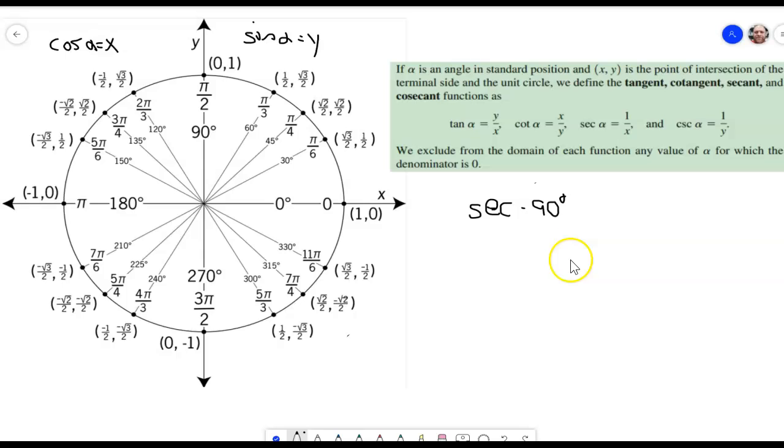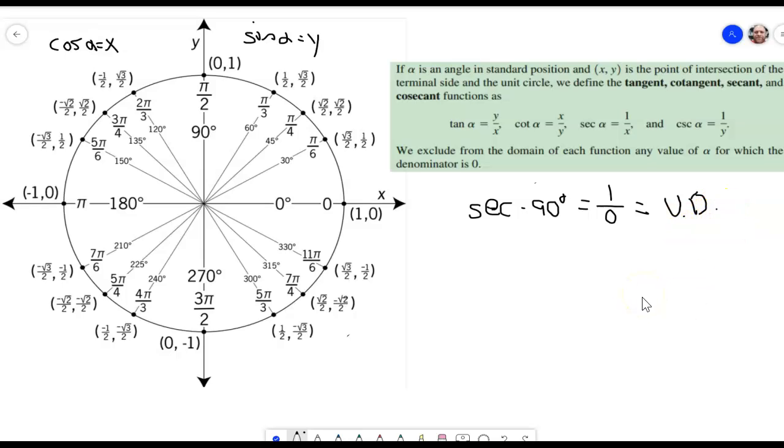All right, so I can either add 360 degrees to that to find the coterminal angle in standard position, or I could just say, hey, this is positive 90, so that's negative 90. So this is equal to secant, 1 over x, so 1 over the x value, which is 0, and you can't divide by 0, so this thing is undefined. So that's what I would put, undefined, UD.